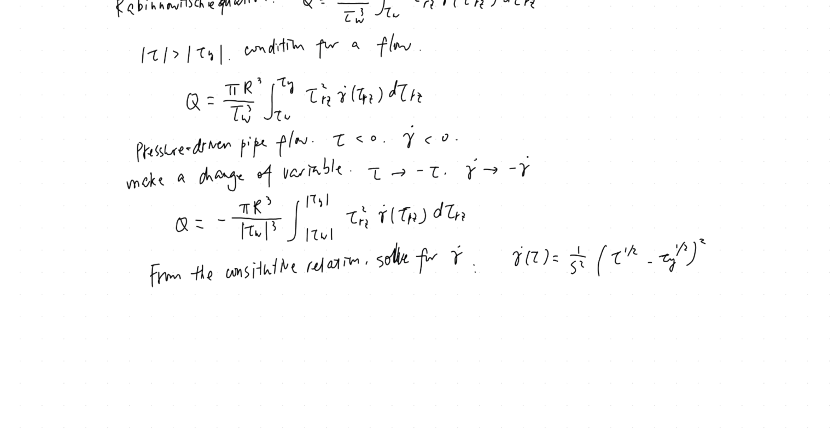And you substitute this equation into Q. So we get Q equals minus pi r cubed over s squared tau w cubed.